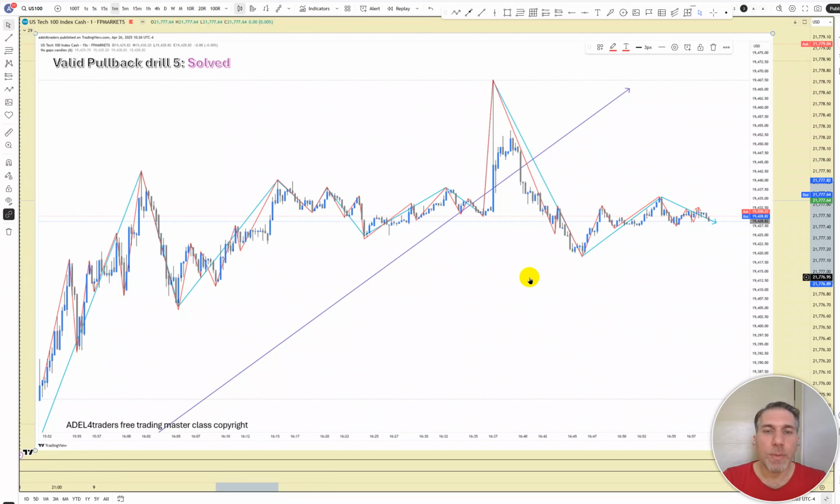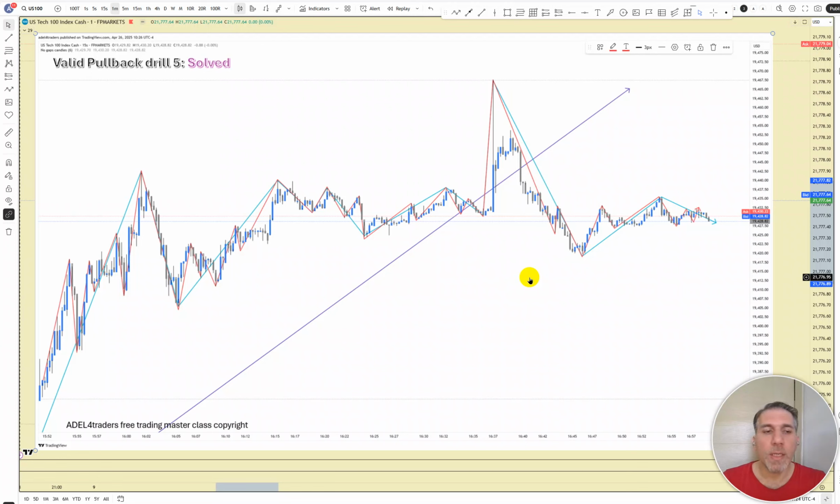Okay, so later on in the next set, we're going to work on the zones and FTR also. I will just work on FTRs first, later valid pullback zones, so that you could have plenty of exercise on the chart.